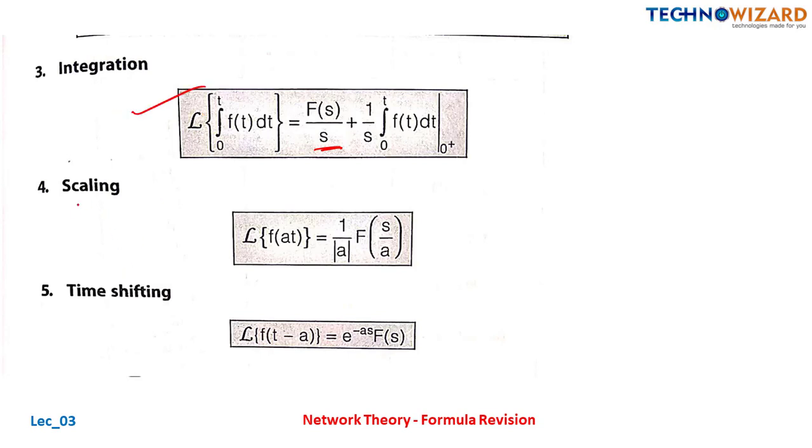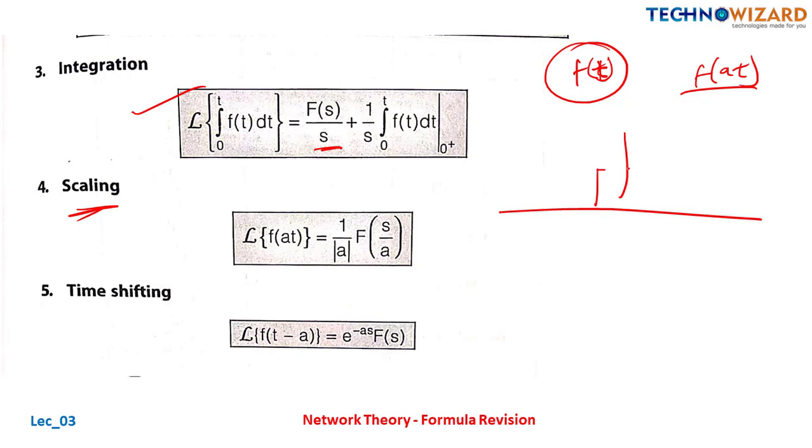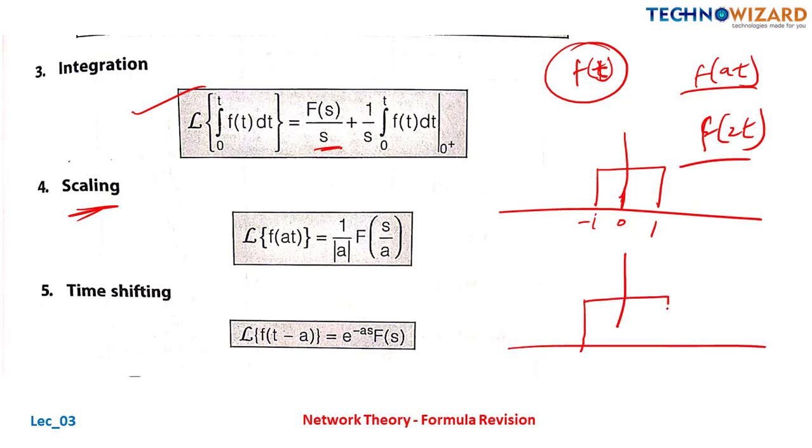Okay, like this. Now what is scaling? F of t. If you are scaling your input signal by multiplying a constant a, suppose this signal is given like this, minus 1, 0 and 1, and if you are scaling this by f of 2t, then you will divide it by minus 1 by 2, 1 by 2.